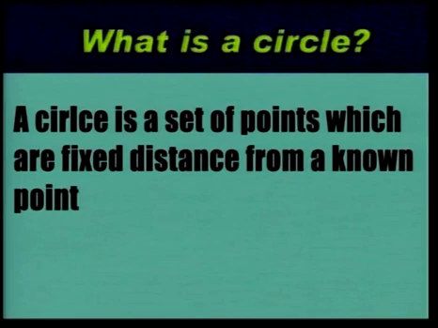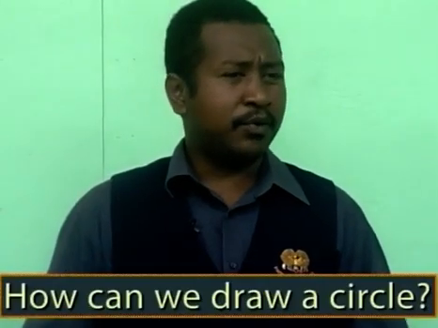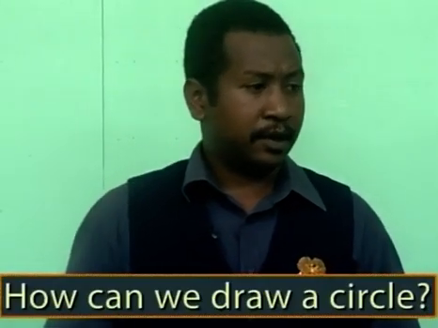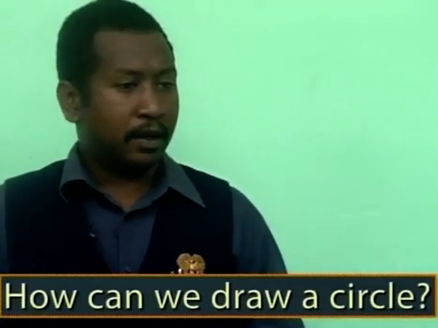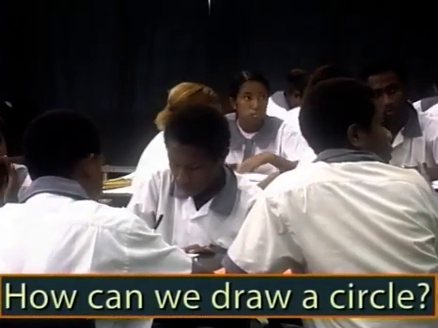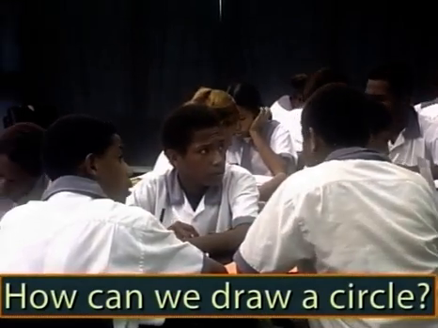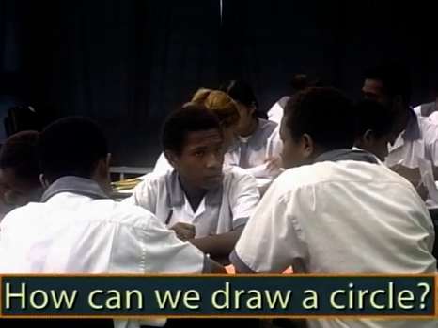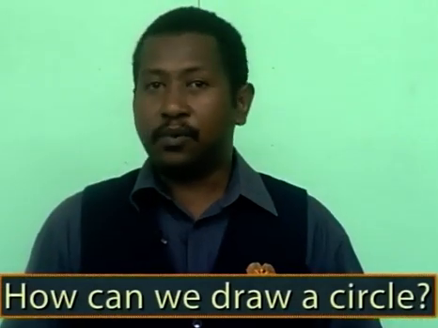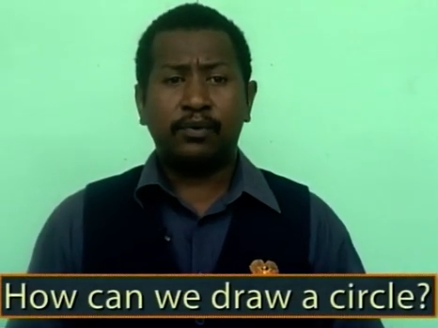80s and receiving students, what do you think or how can you draw a circle? How can you draw a circle? If we have come up with the meaning of the word circle, and you have known that, now the question is, how can we draw a circle?